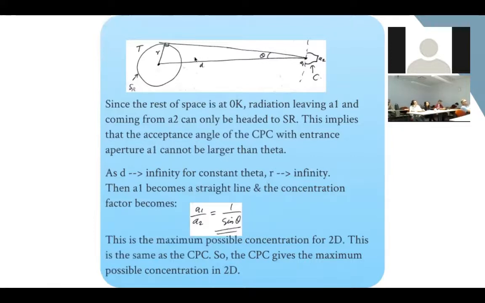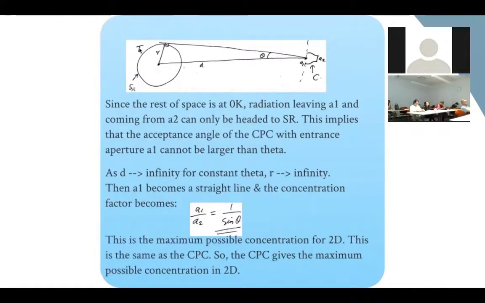So we can also think about it in the situation where the source becomes really far away. So D becomes close to infinity, then for a constant theta, because then we only deal with parallel rays as we saw in the last lecture. So we have a constant theta that we need to consider.